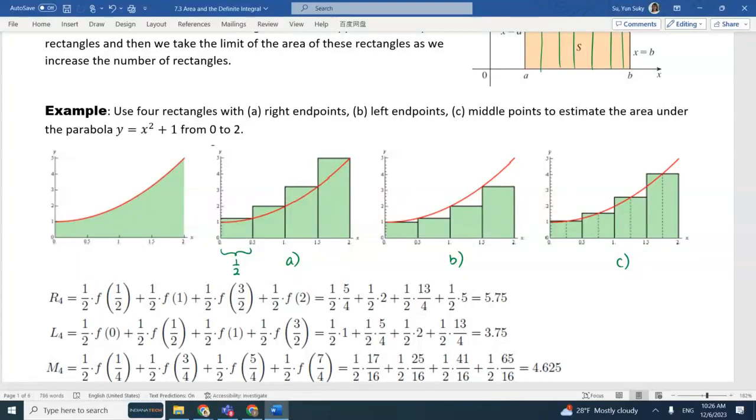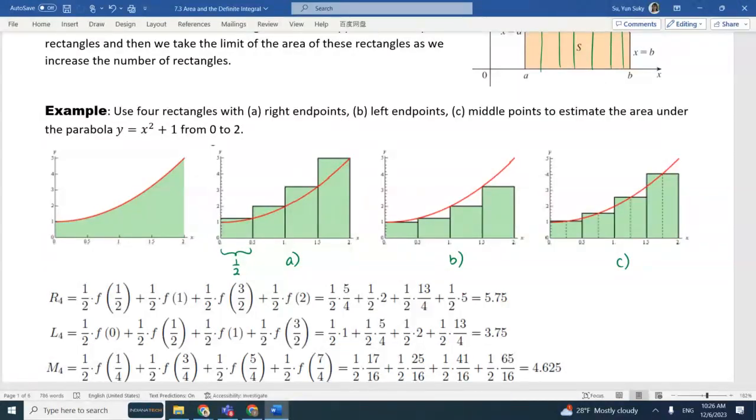So what is f of 1/2? That's 1/2 squared plus 1. 1/2 squared is 1/4. 1/4 plus 1 is 5/4. Right? And then 1/2 f of 1. When you plug in 1, 1 squared is 1, so 1 plus 1 is 2.